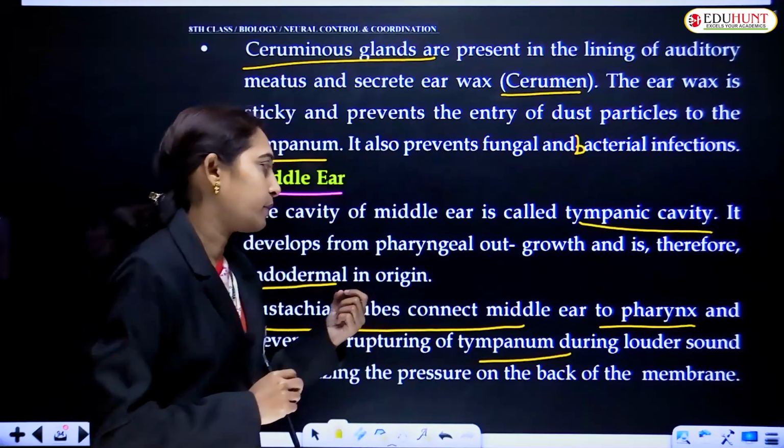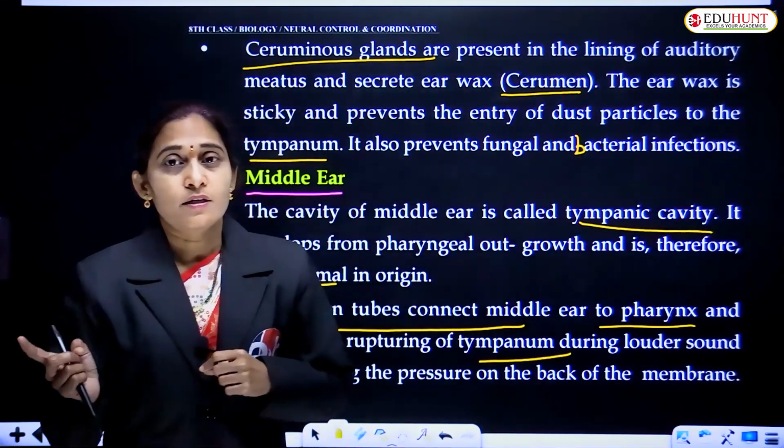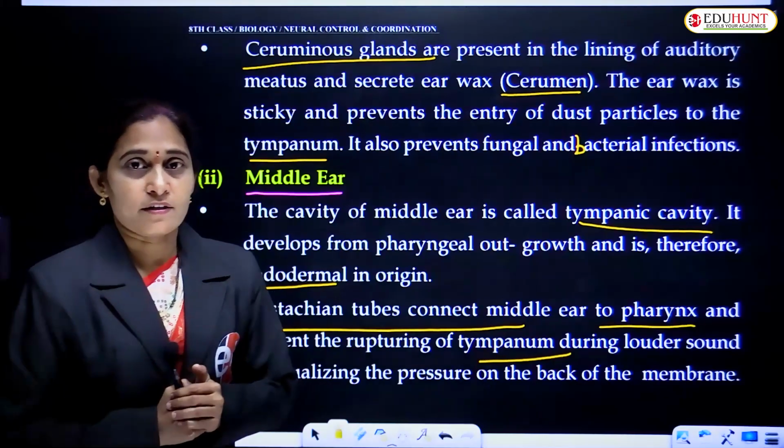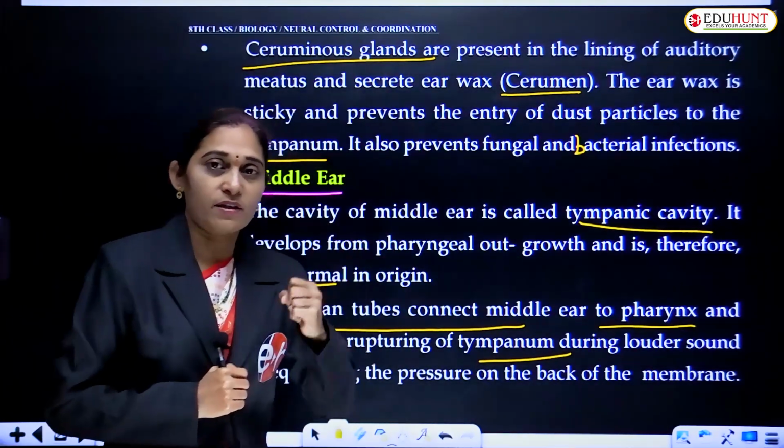The tube that connects the middle ear to the pharynx is called the eustachian tube.